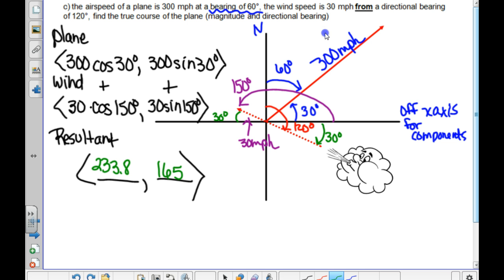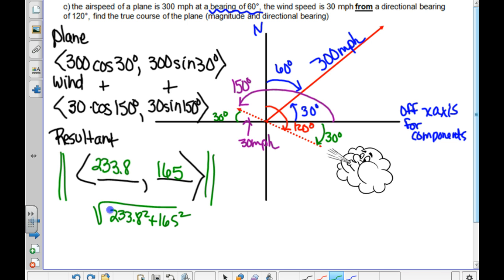We need the magnitude and directional bearing of the plane. So we need to do the magnitude of this. Anybody get an answer? 286.2 miles per hour.